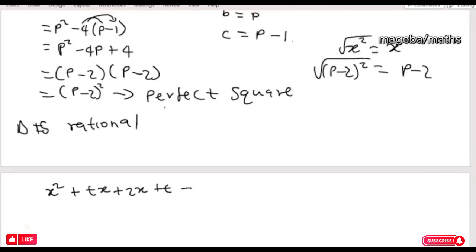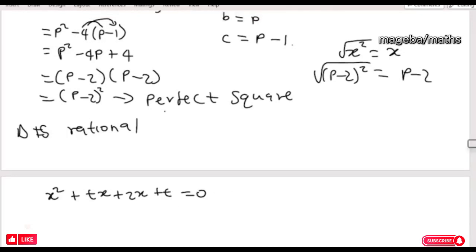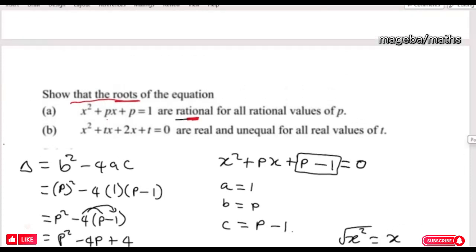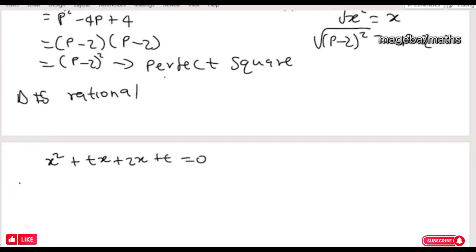Then plus t equals 0. Let's read the question. The question is saying, show that the roots of the equation are real and unequal for all the real values of t. Now let's go to our delta.